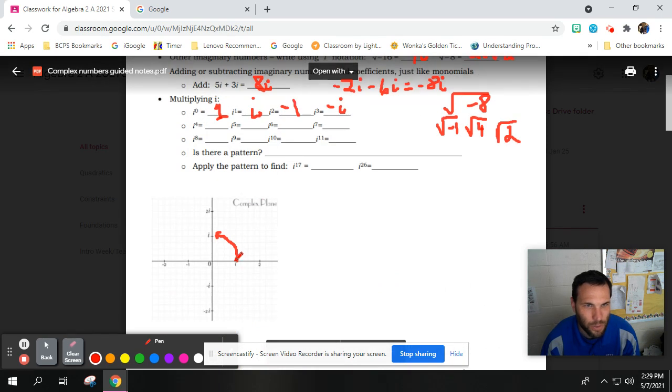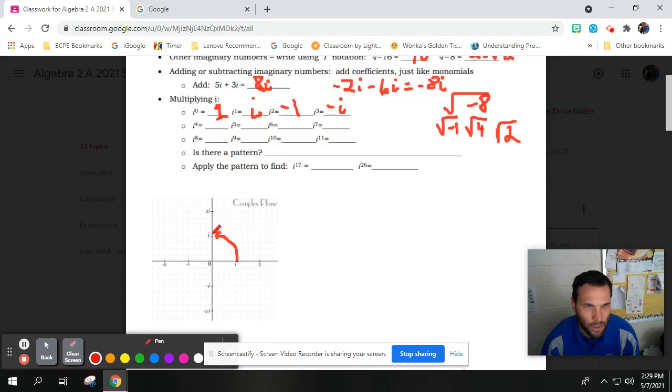But i to the 0 is 1, and then you go up here to i, and then you multiply by i again, and you get to -1, and then you multiply by i again, and you get to -i, and then you multiply it again, and i to the fourth is equal to that same 1.